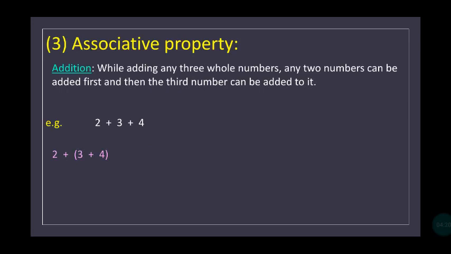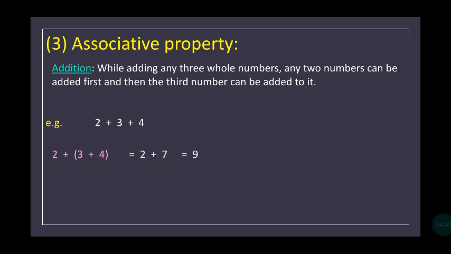First we add these two numbers only, 3 and 4, and then we add 2 to it. So 2 as it is, and 3 plus 4 means 7. Now 2 plus 7, 9.